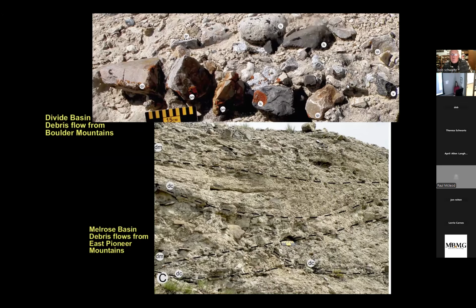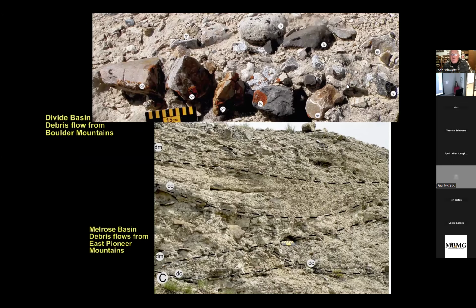And then down into the Melrose Basin, this is near the town of Glen on the west side of the river, but these are all debris flows, channelized and then massive flows, containing large blocks of volcanic rocks, some Paleozoic clasts, and so on. So let's see.